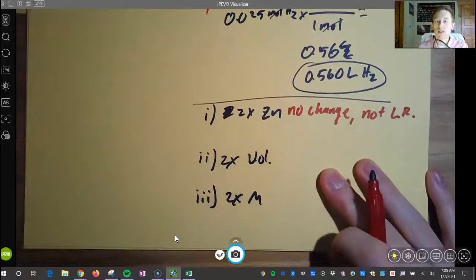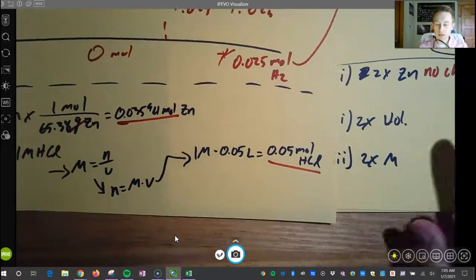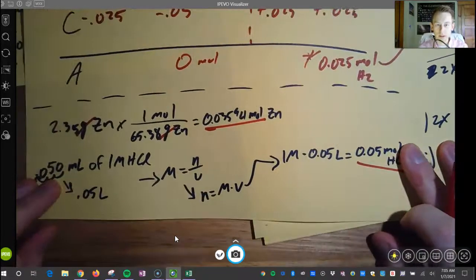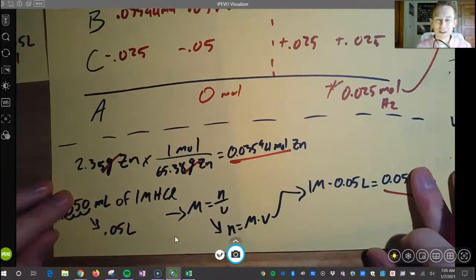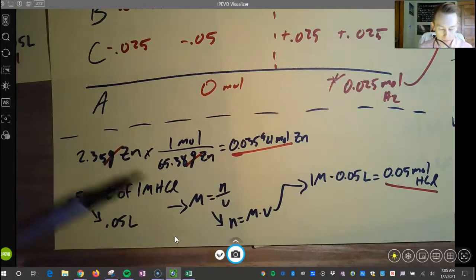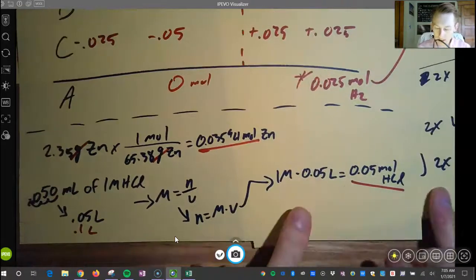And so now our next question is, if I 2 times the volume, that is going to change something, right? We know that's going to probably increase something, because if I look at this, I've got 0.05 liters. And so if I double it, I'd end up with 0.1 liter here. And so then that would affect this here.